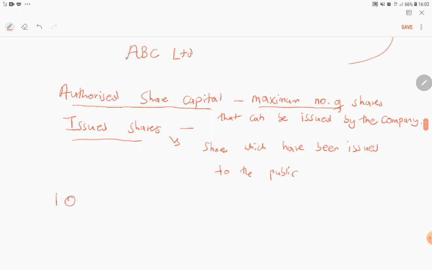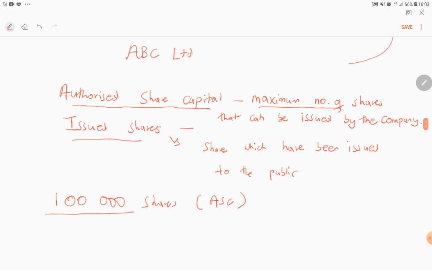So they can decide that it can be 100,000 shares. This is the maximum number of shares that can be issued to the public. The company cannot issue 200,000 shares, but it can issue 50,000, and then as time goes by issue another 50,000 or another 20,000 and so on.